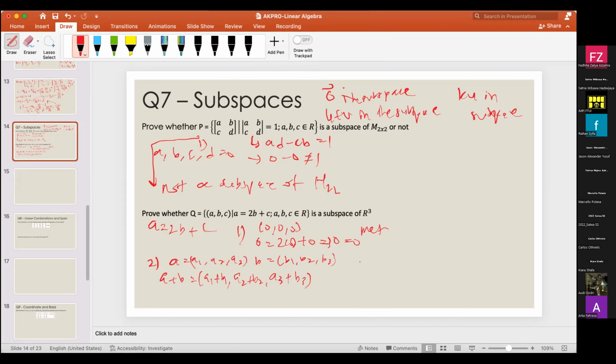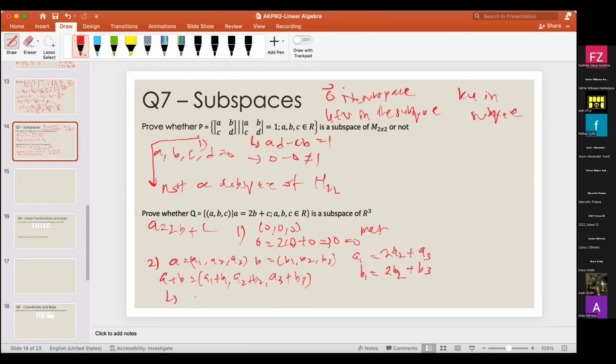Okay, so first we'll put A into the equation. Hence it will be A1 equals 2A2 plus A3. And B1 equals 2B2 plus B3.